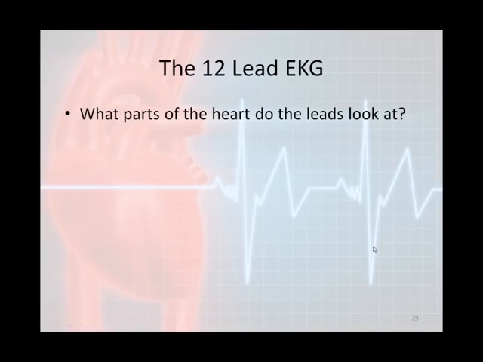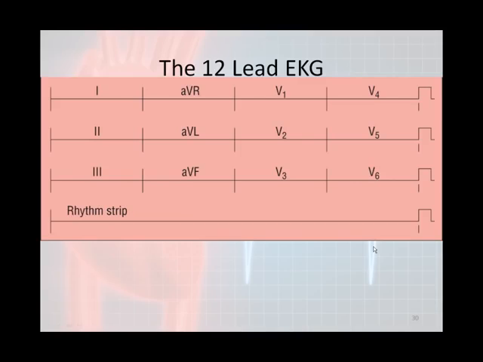Now let's go ahead and take a look at what part of the heart each one of the 12 leads are looking at and how you will actually see them on the paper. Now traditionally, the EKG paper has one of two layouts, the vertical and the horizontal views. It's more common to use the horizontal layout, so that's pretty much what I'm going to stick to here. In the horizontal layout, what you're actually going to have is an EKG that is printed from left to right.